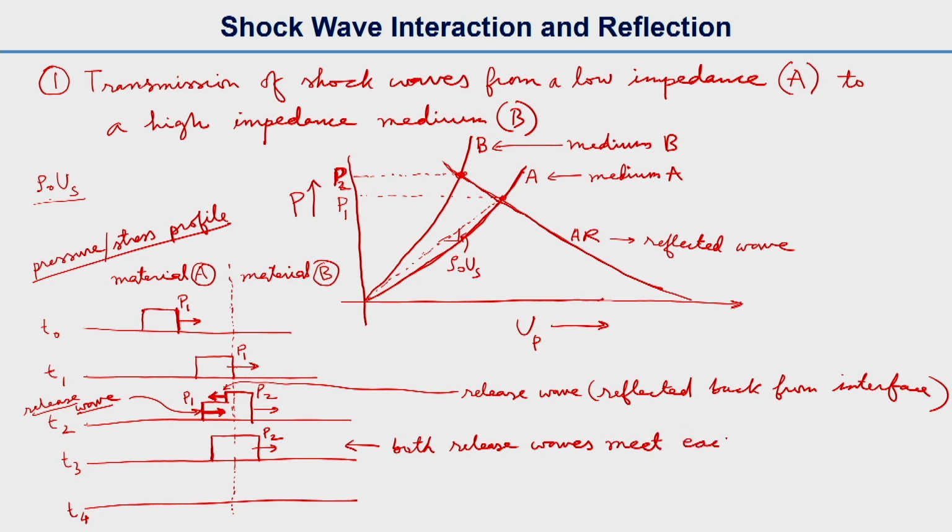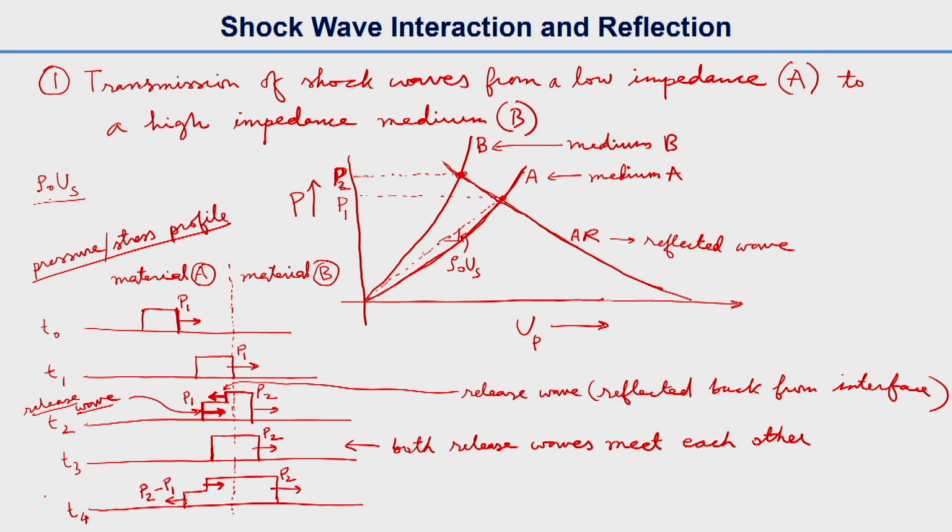The result, as we can see at time t equal to T4, will move forward in the medium B. The release waves will move from left to right, and then part of the wave, the result of the interaction between both the release waves, is P2 minus P1.